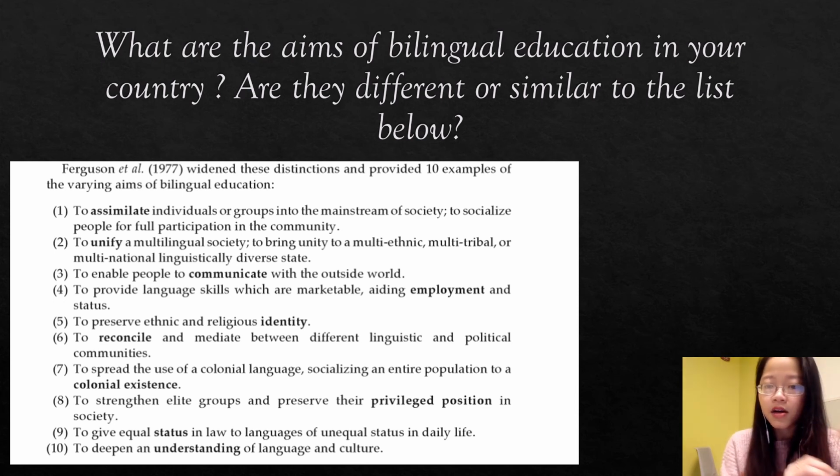Now, I want you to compare the first two aims with the rest of the list. You will see that another perspective is not monolingualism as the result, but bilingualism as a result.